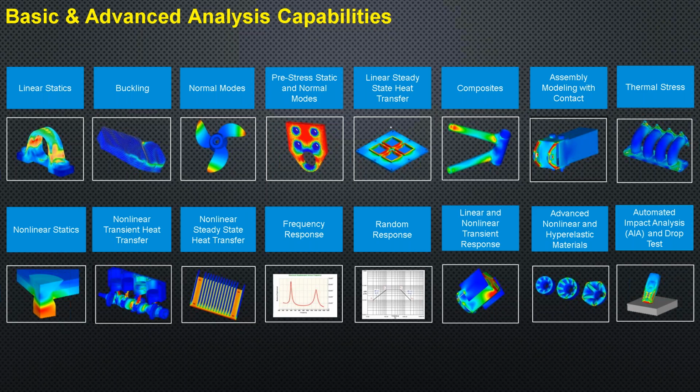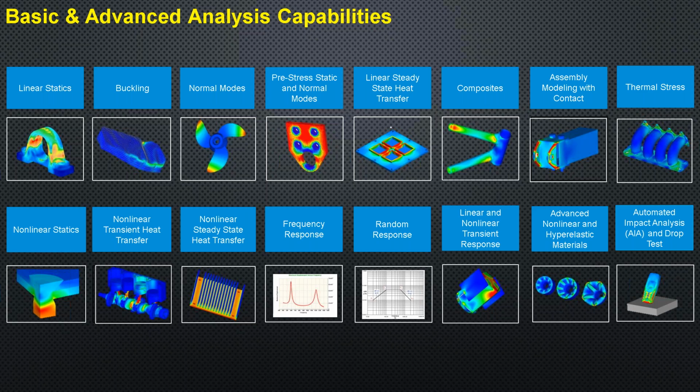We can also work with composite materials, so layered materials come into play. We have assembly modeling and assembly contacts. Thermal stresses, again, how is that temperature affecting the stress of the components? We've got nonlinear statics, so that's something we're actually going to touch on today very briefly.